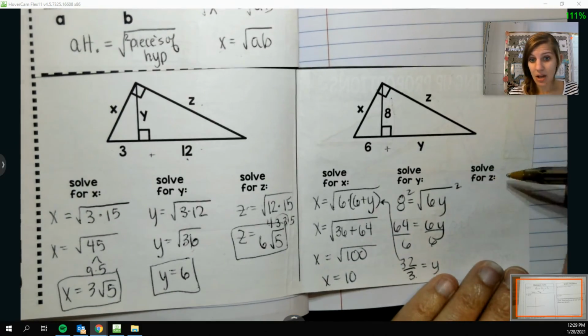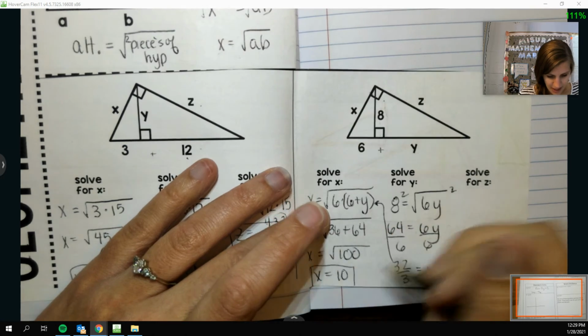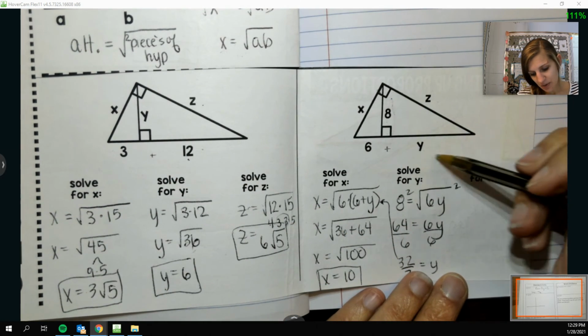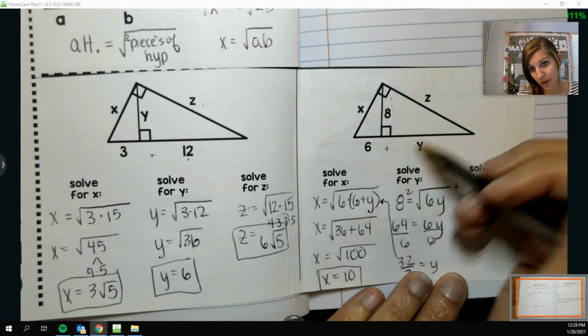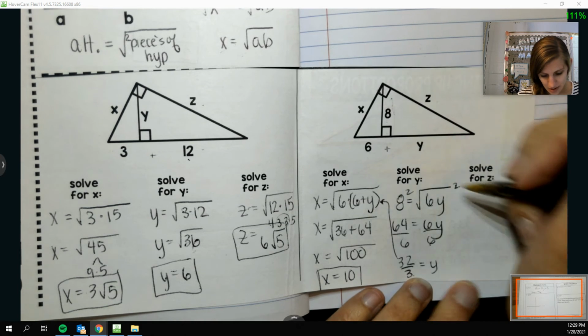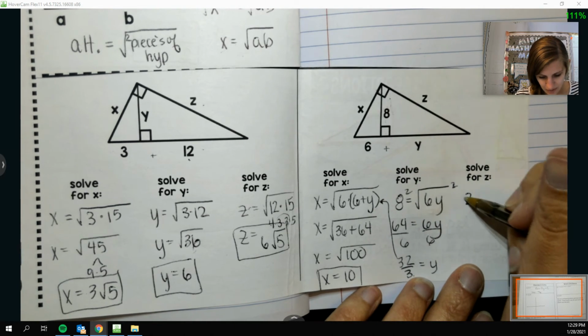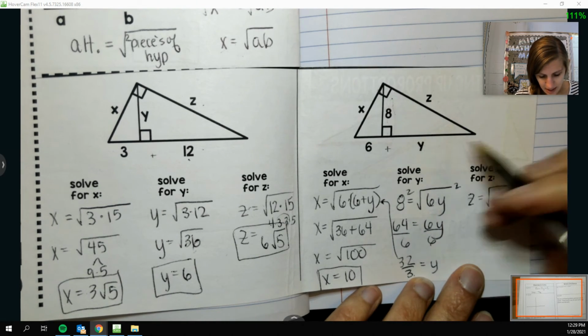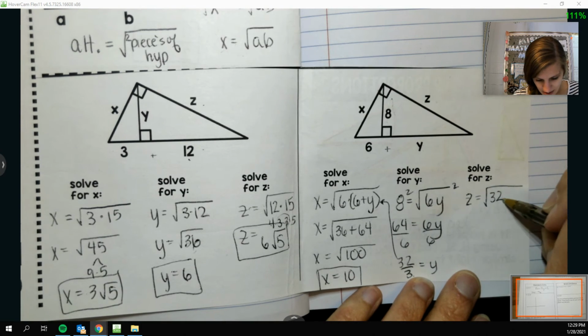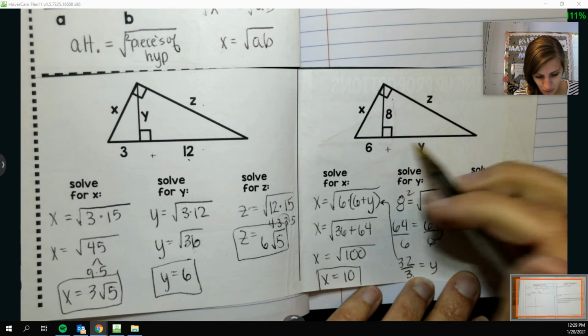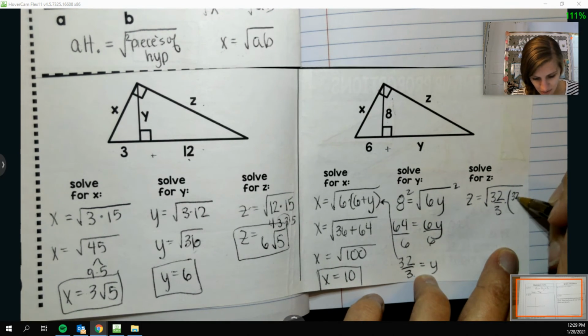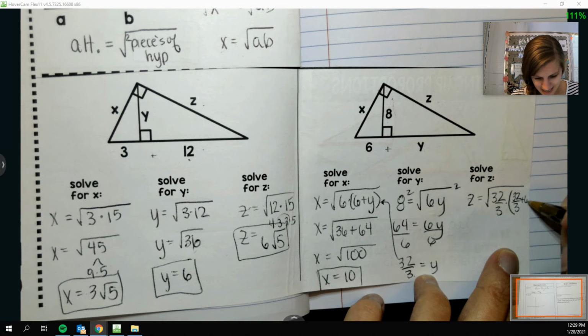Now, over here when I solve for z, z is a leg, and so I'm going to do square root of the piece times the whole. So I do need to use that 32 over 3 again. So z equals the square root of y times the whole, which is 32 over 3 plus 6.